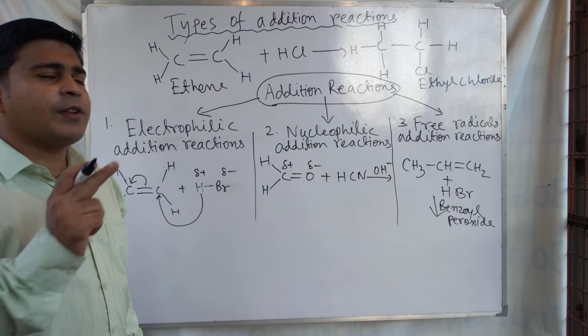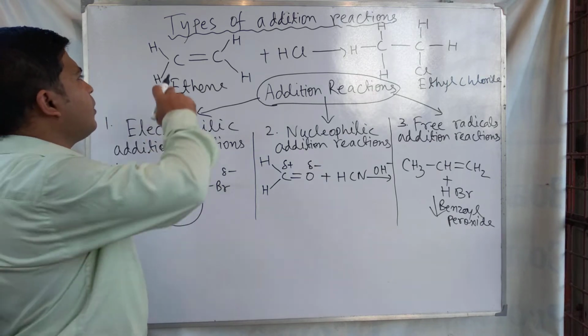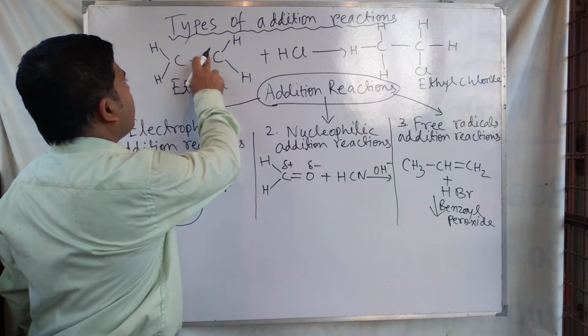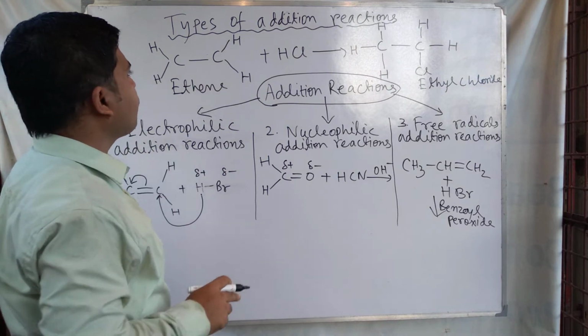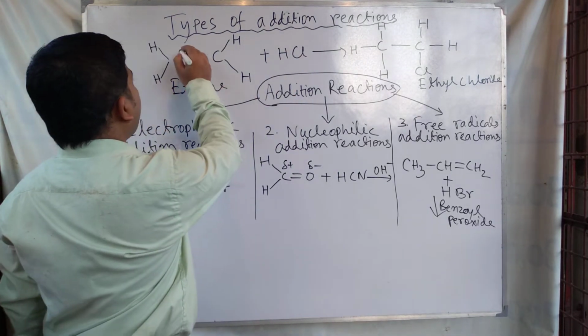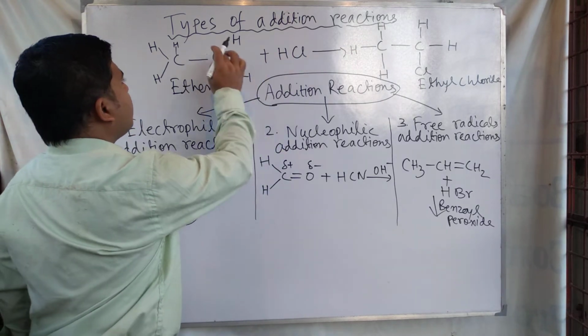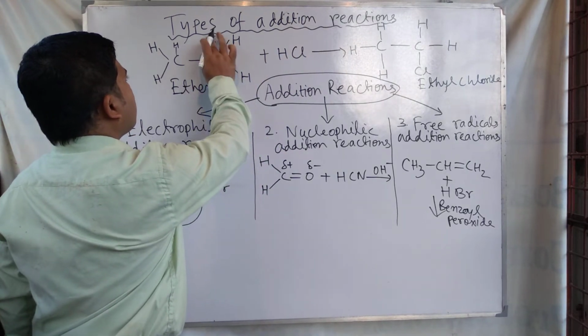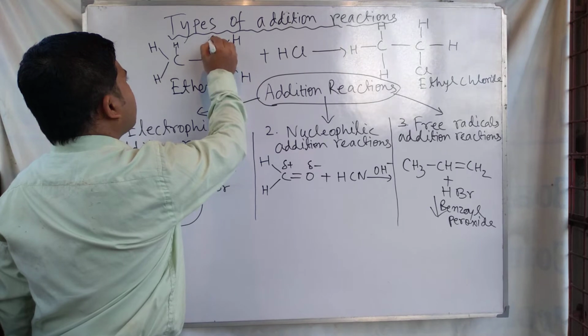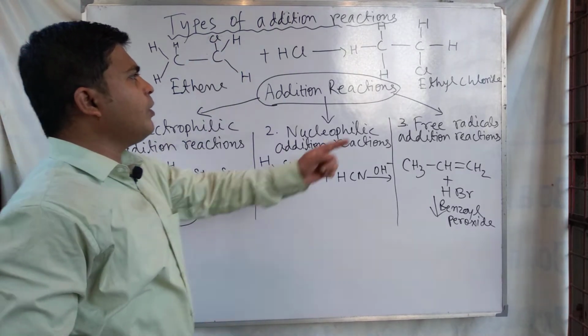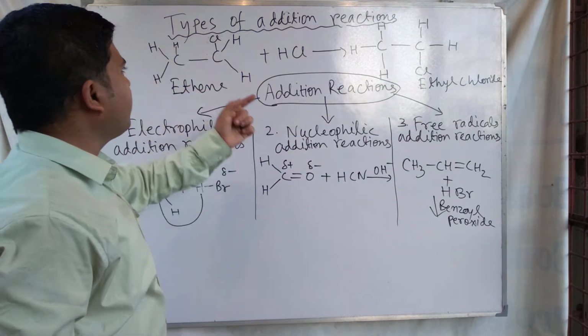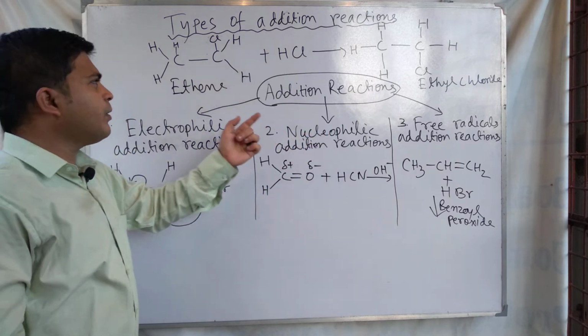Why is it an example of an addition reaction? Look here, this double bond is eliminated, a hydrogen atom is added to this carbon position and a chlorine atom is added to the other carbon atom, and the product is formed. For this reason this is called an addition reaction.